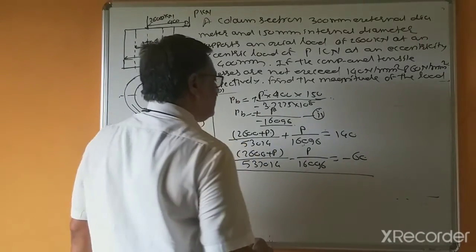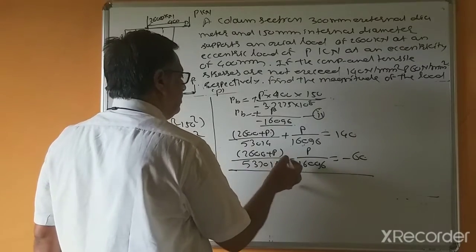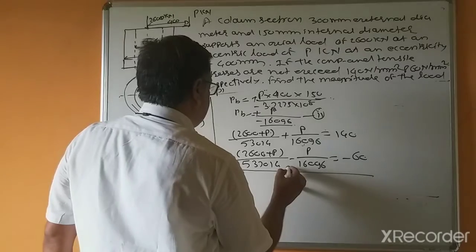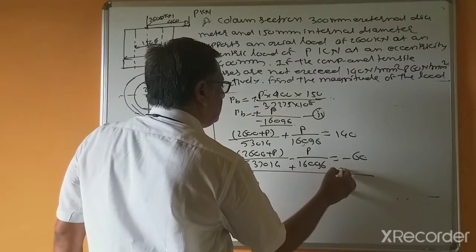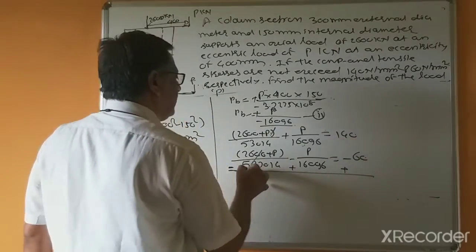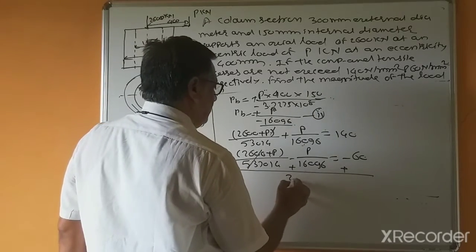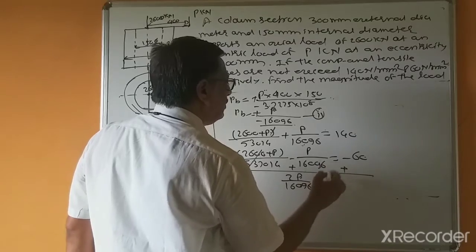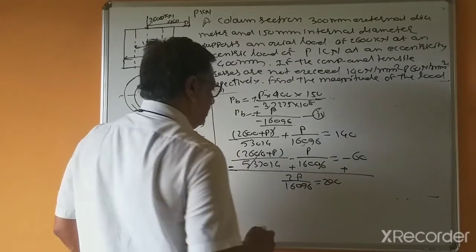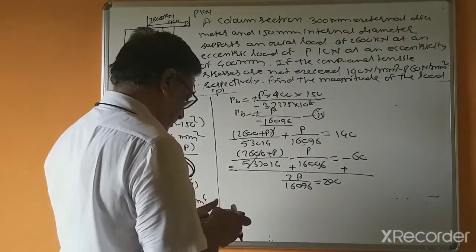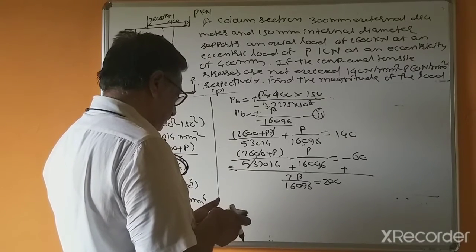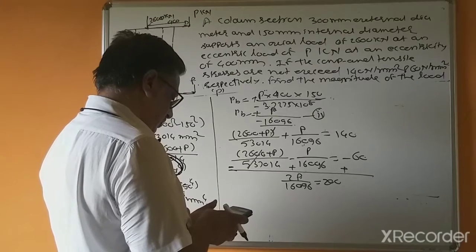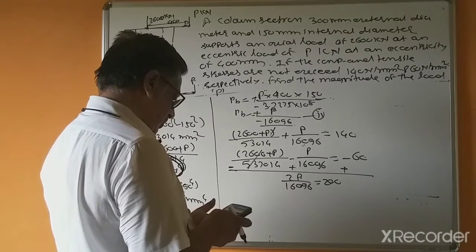This is plus minus, so change sign, this is negative and this is positive, this will get cancelled. 2P divided by 16096 equal to 200, multiplied by 200 divided by 2.